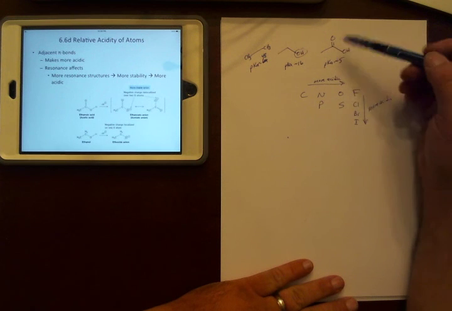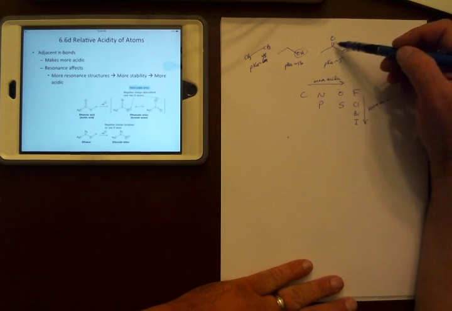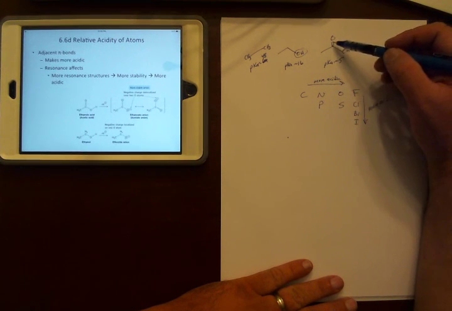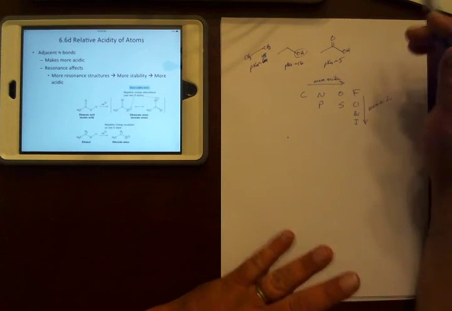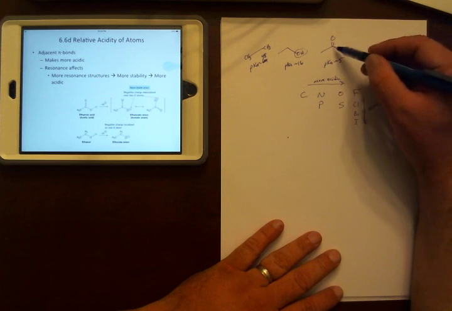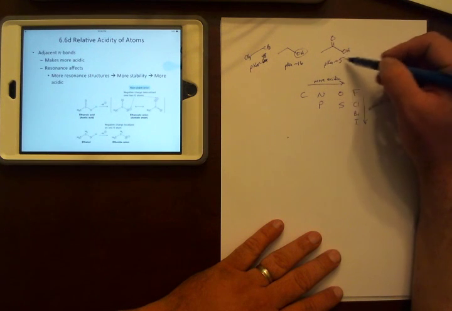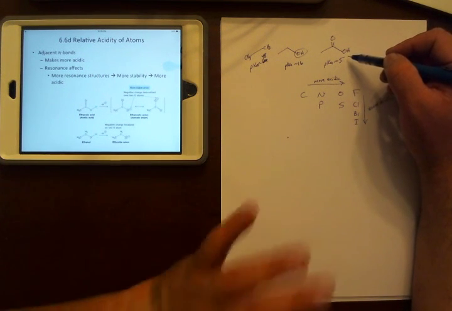Next, having adjacent pi bonds. Whether it's carbon-carbon double bonds, carbon-oxygen double bonds, or carbon-nitrogen double bonds, doesn't matter. Any pi bond adjacent to where your acidic hydrogen is going to be a good thing.